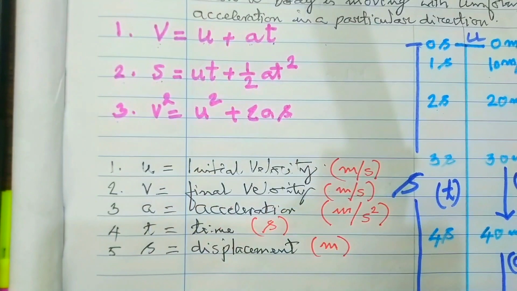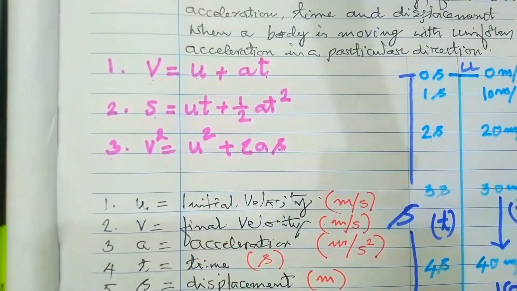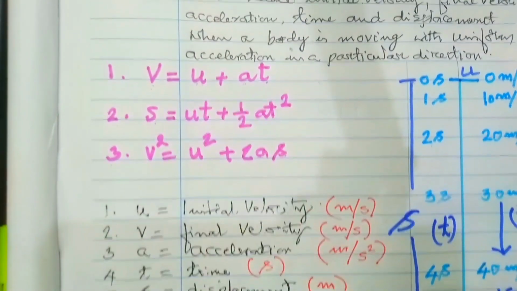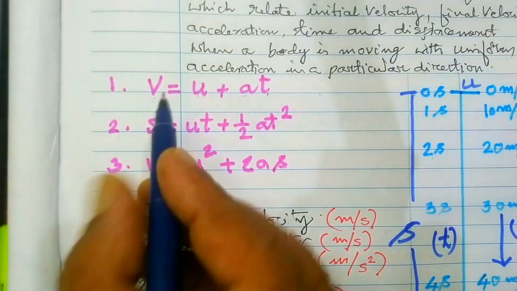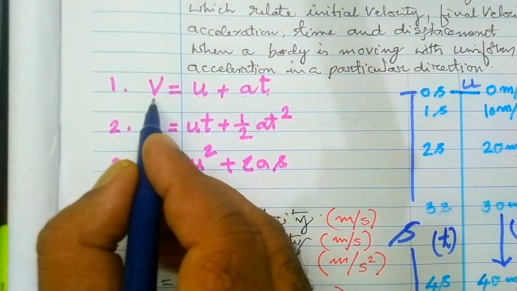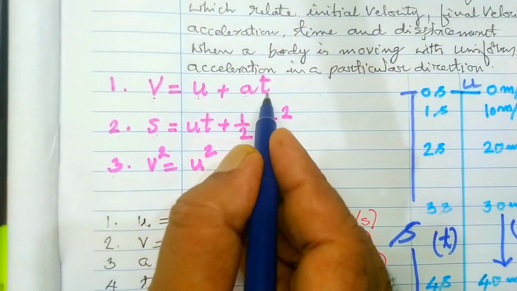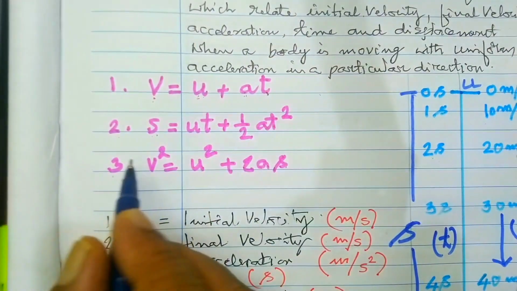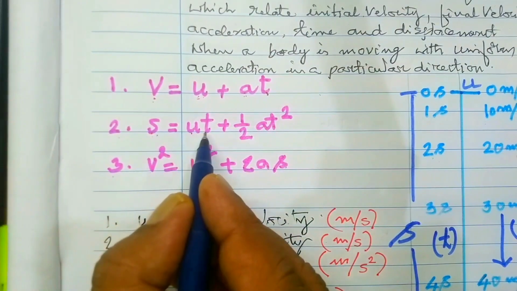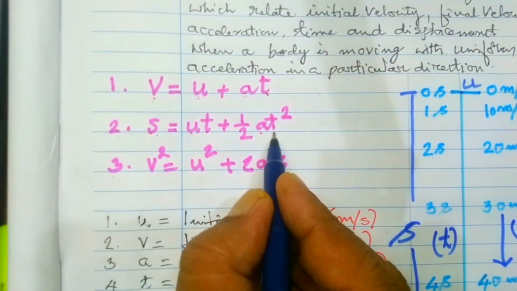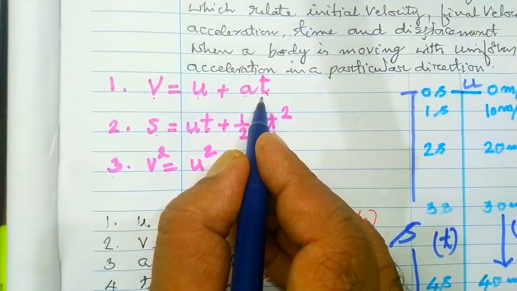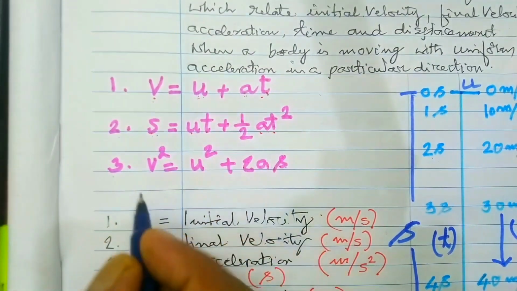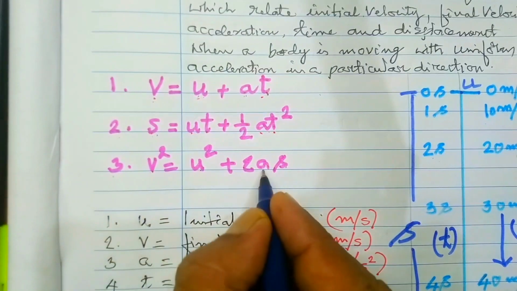Now I would like to tell you the most interesting fact in these 3 equations. Out of the 5 quantities, how many are there in the first equation? 1, 2, 3, 4. In the second, 1, 2, 3, 4; t is repeated, don't count. In the third, 1, 2, 3, 4.